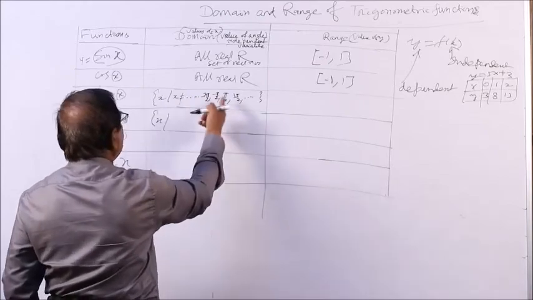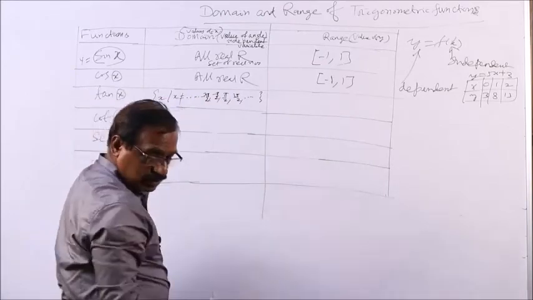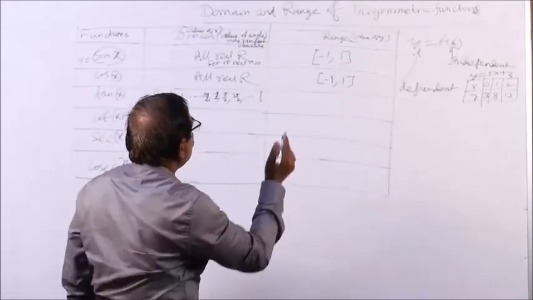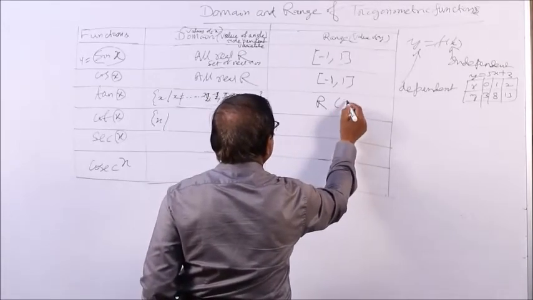So, excluding those values from the domain, we will get here the set of real numbers.